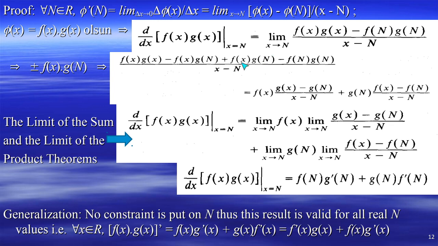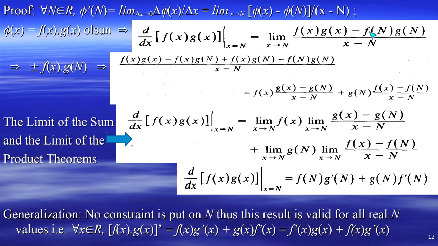This is a common trick used in mathematics to put in an expression which is not there, which I need, without changing the formula. If I don't want to change the formula but add an extra element in it, then I can add and subtract this term, or multiply and divide by this term, so the formula will not change. Making this, I add and subtract f of x times g of n.